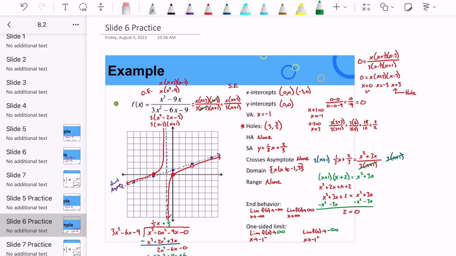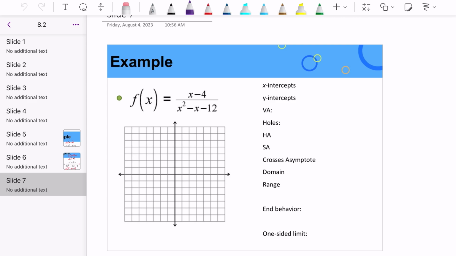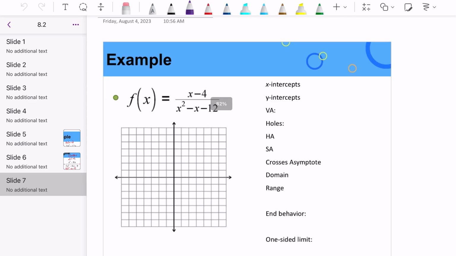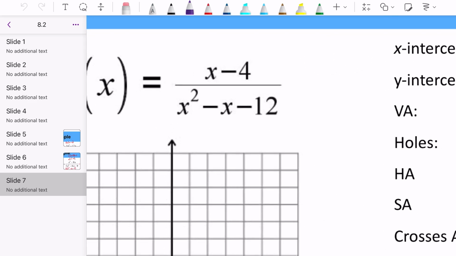Let's take a look at slide 7. So we're first going to begin with checking out the domain, but we need to see if we can simplify that problem a little bit more to get our simplified equation. So we start off with our simplified equation. We go ahead and simplify this problem.